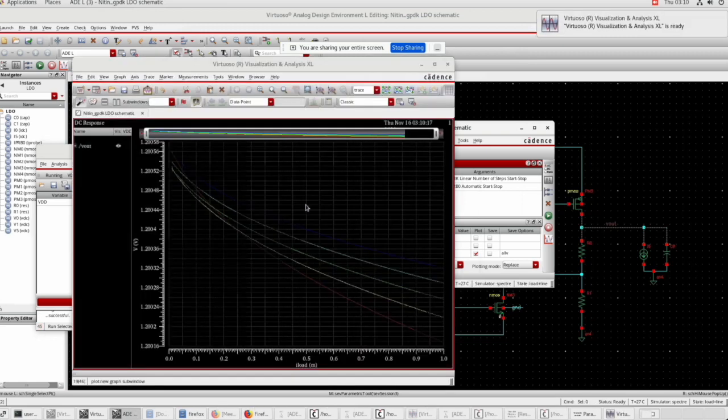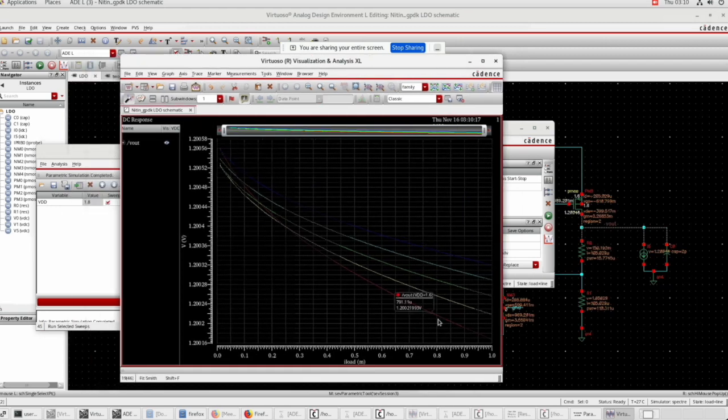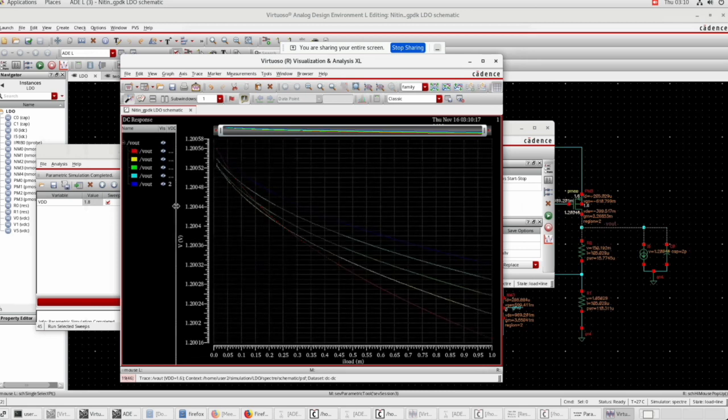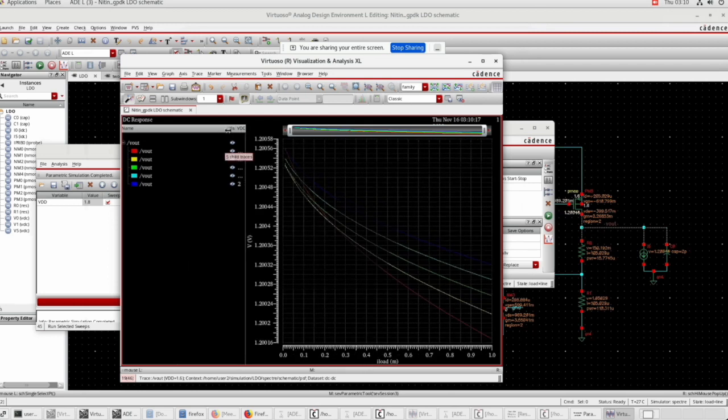So here also we can see that the minimum value is around this and the maximum is around this value. So again here also we can see that the variation is around 0.4 millivolt, which is good. So these plots correspond to these values of VDD, and the load is varying here, so it has both line and load regulation in the same plot.